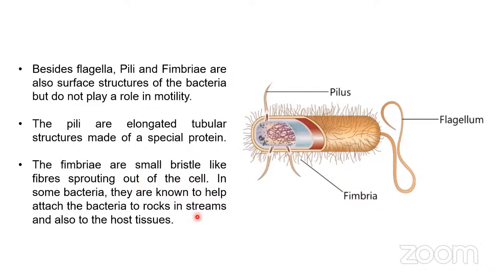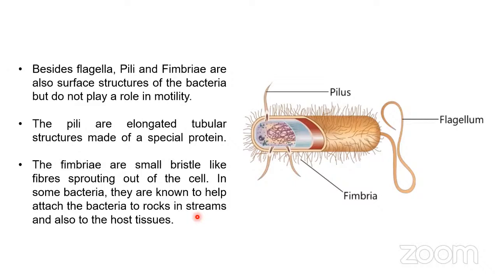In some bacteria, they also help in attachment, and in some cases they are also the root of pilus formation, that is, the pilin. These pili help in the transfer of genetic material from one bacterium to another through conjugation.